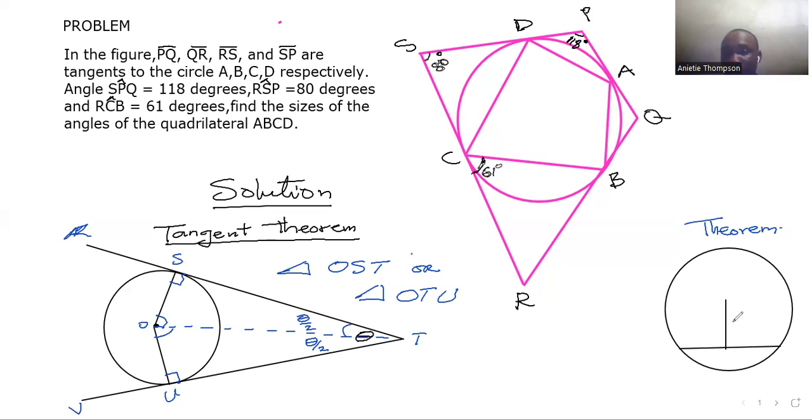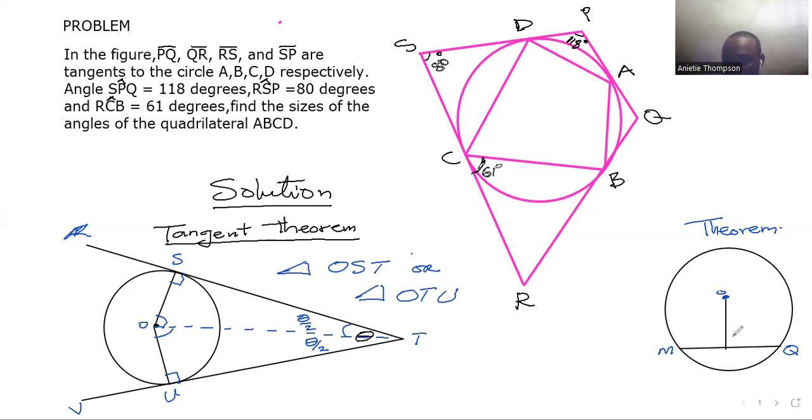This other theorem here is not really much. This theorem is telling us that when a line comes directly from the center of the circle and meets a chord, let me call this chord MQ, because I like to title the center O. The line from the center of the circle meets a chord, as you can see, like this.